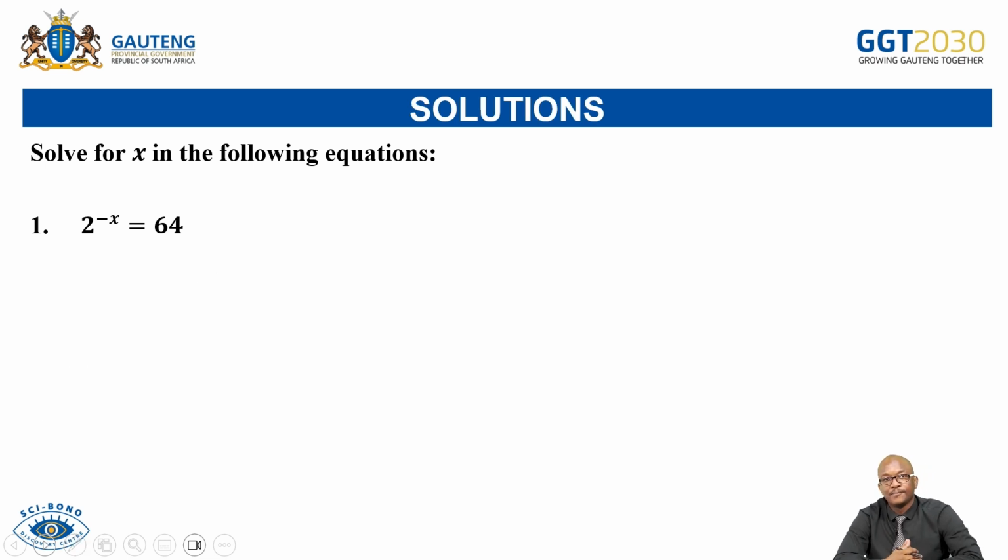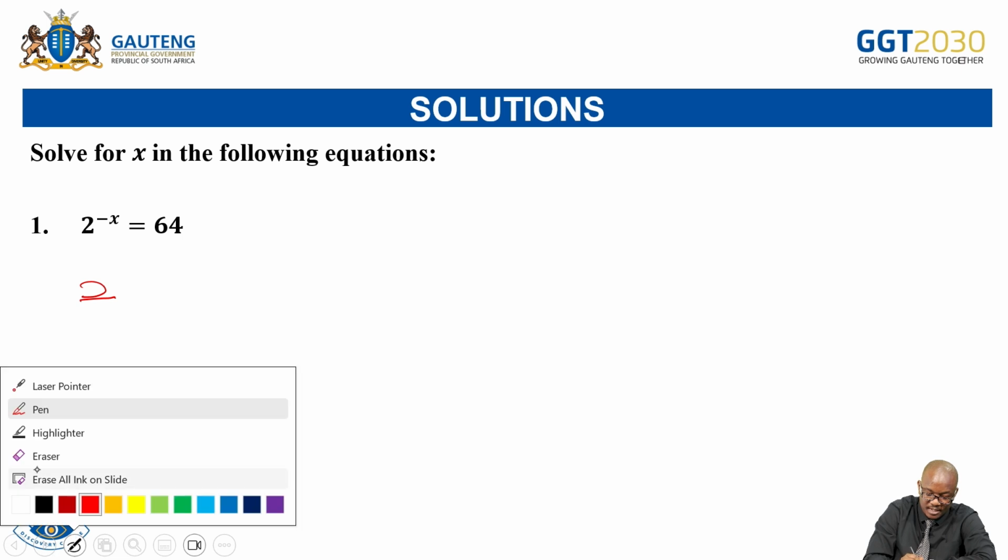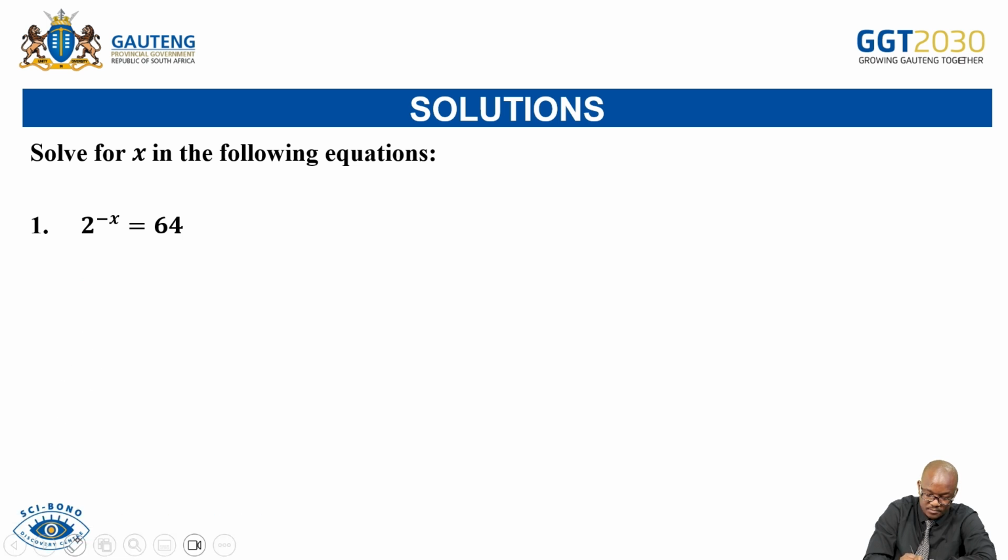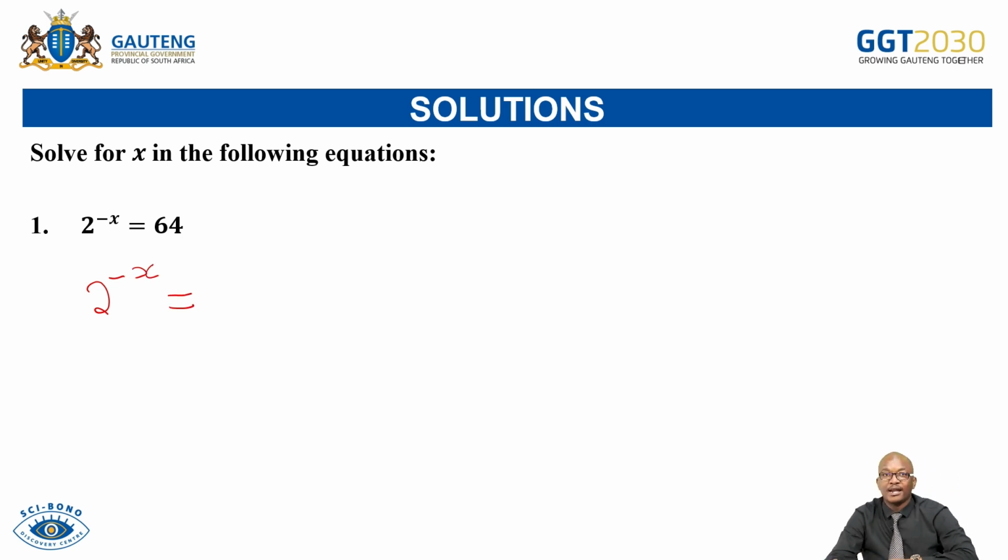So now we're looking at this. Our aim is to make sure that we have the same base. So we have to understand now the rule of prime factors. So I will have 2 to the exponent of negative x is equal to, now we go and have 64 as a prime factor.